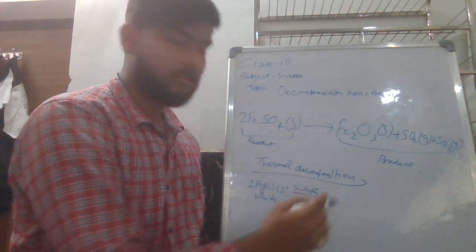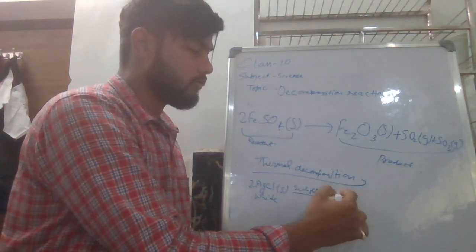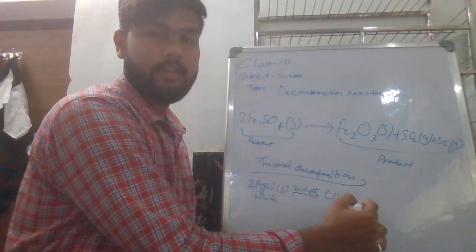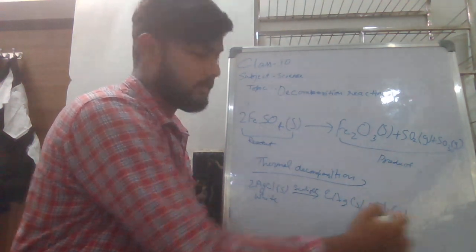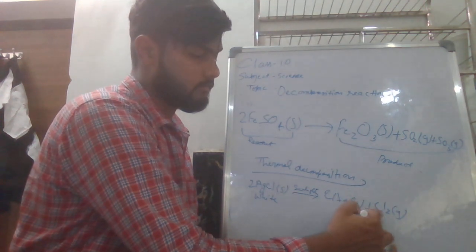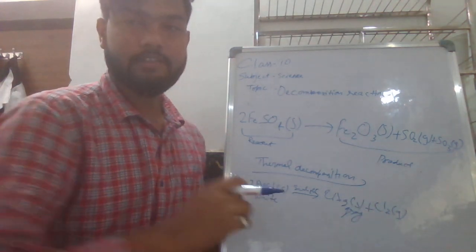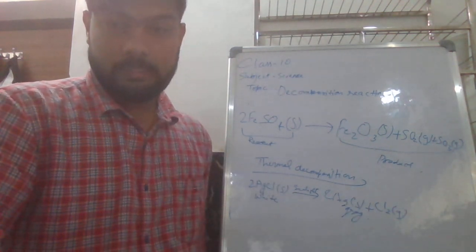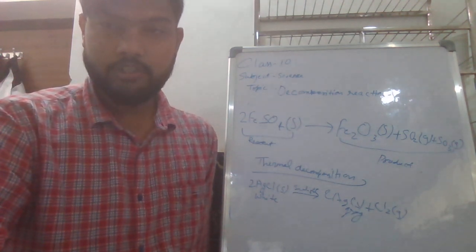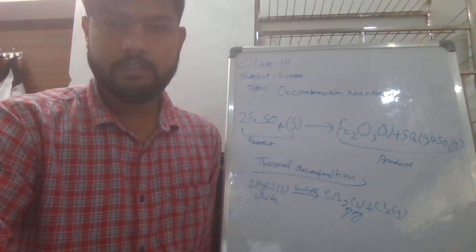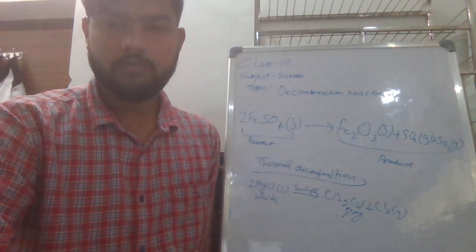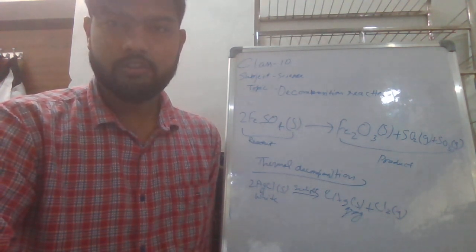When the sunlight comes, it converts it into 2Ag(s) plus Cl2(g). This will be gray in color. So this is the equation for the photo decomposition reaction. I hope everyone is clear till now.